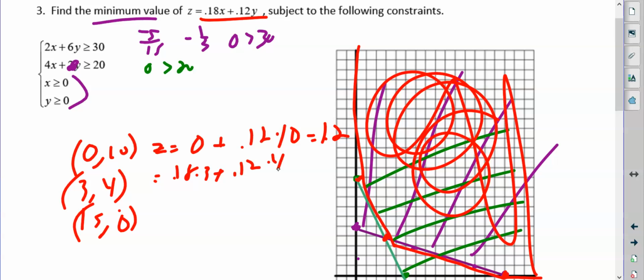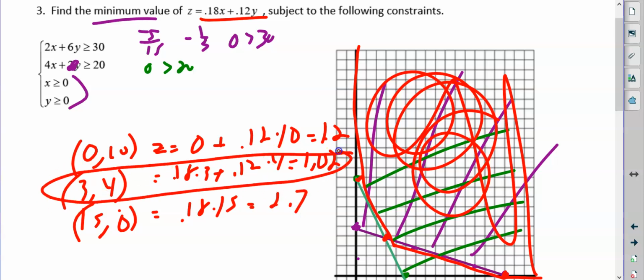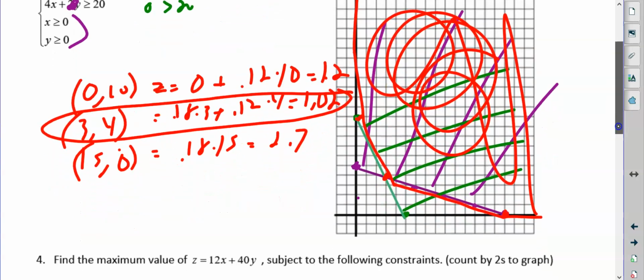That's 1.02. And then 0.18 times 15 plus 0, that's 2.7. Way bigger. So here's our minimum right there at 3, 4 with a value of 1.02.